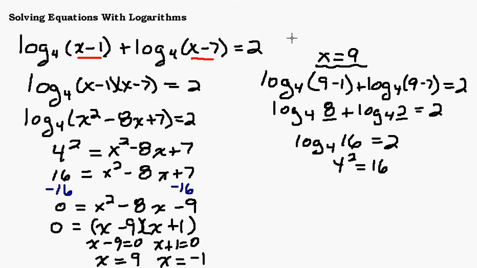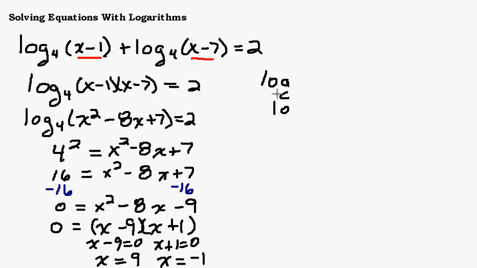That is definitely a solution to our equation. So I'm going to go ahead and put that in a red box down here. That works. I'm very happy with that. Let's try the -1. So I'm going to plug in x equals -1.